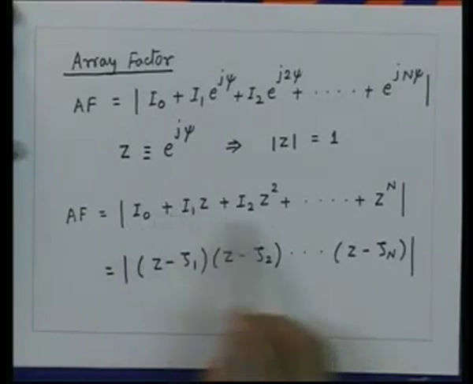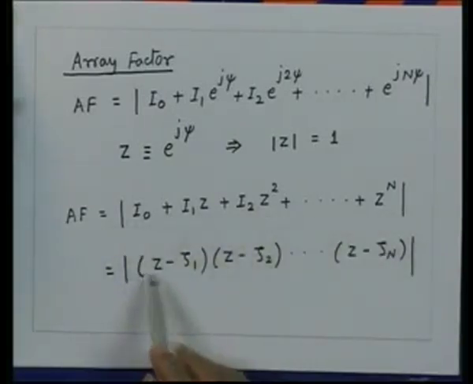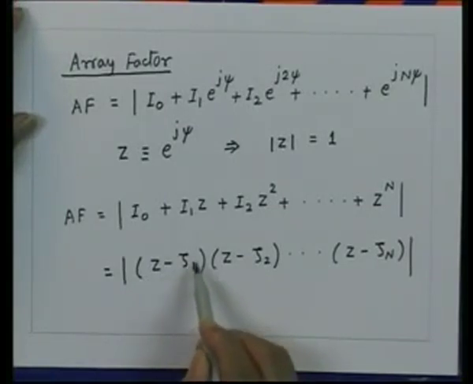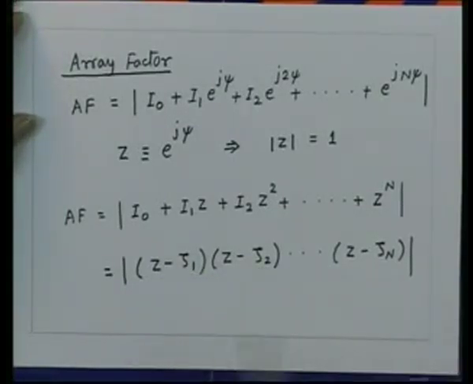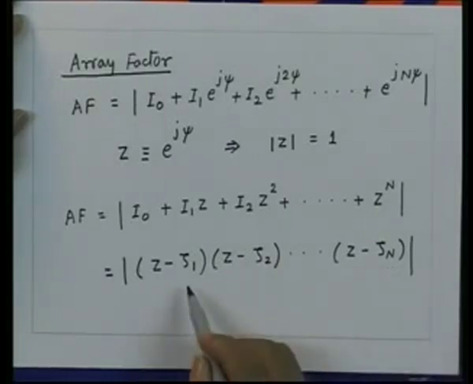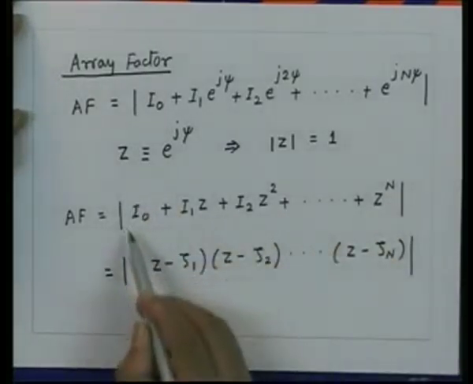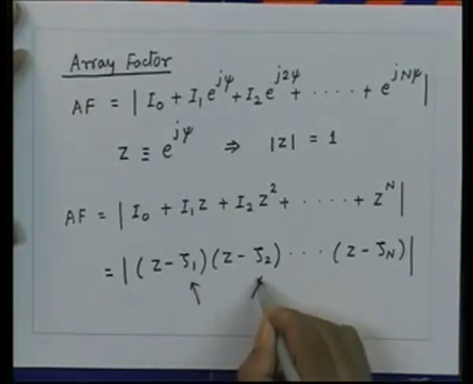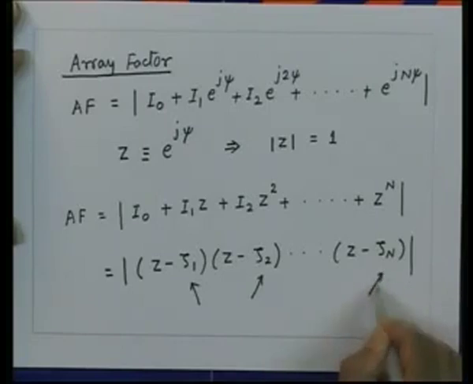So, essentially a polynomial now is represented by the product of these doublets, z minus zeta 1, z minus zeta 2 and so on, and zeta 1, zeta 2, zeta n are the roots of the polynomial which is represented by this.